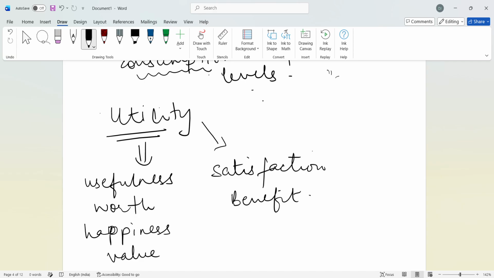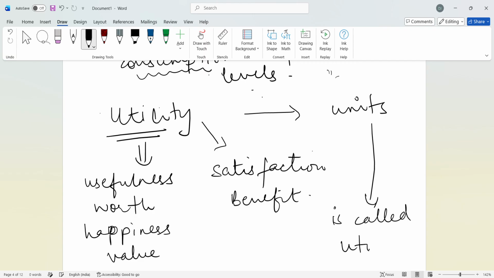Now, economists try to measure this utility with utility units. So this utility has been given units, and that unit is called utils. Economists try to measure utility with some units, and they call this unit utils.